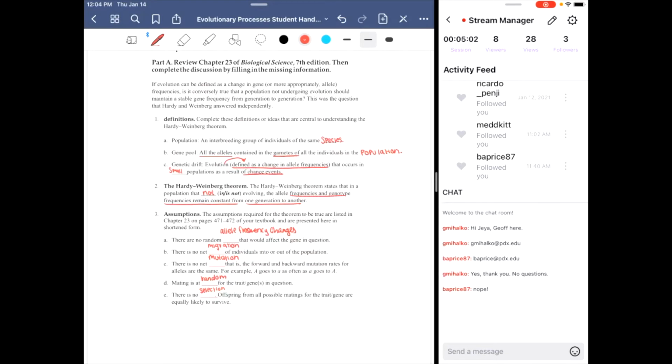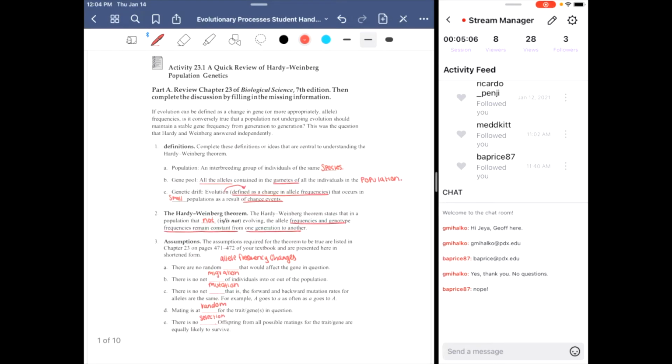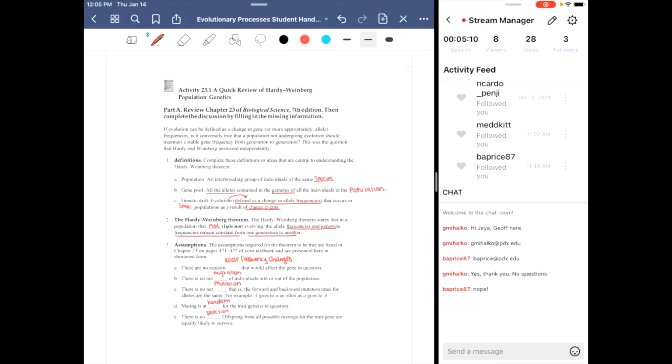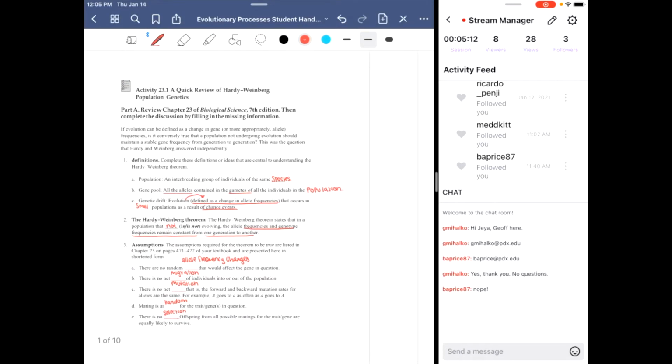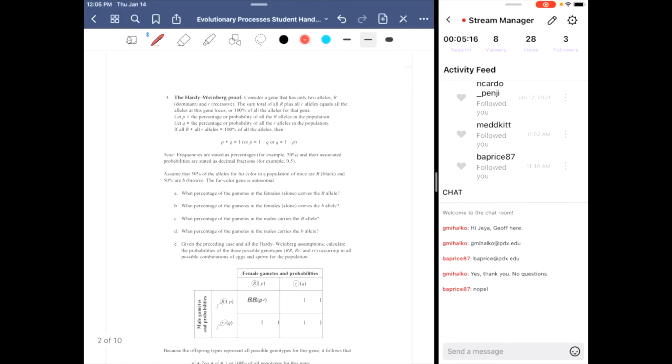So these are the 5 assumptions for Hardy-Weinberg equilibrium, and it's important to understand and memorize these assumptions. Any questions so far? Okay, we'll move on.